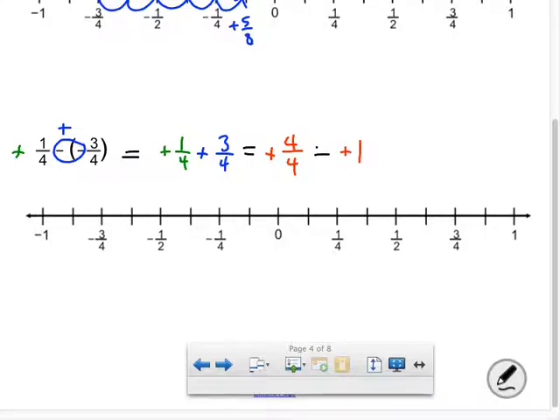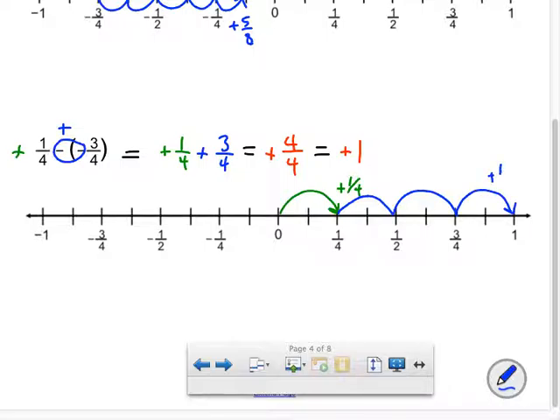So how do we model this on our number line? Let's go ahead. I got 0. I'm going to add 4 fourths. So here it is, plus 1/4. And now I'm going to add 3/4. And every 2 represents 1/4. So that's 1/4, 2/4, and 3/4.